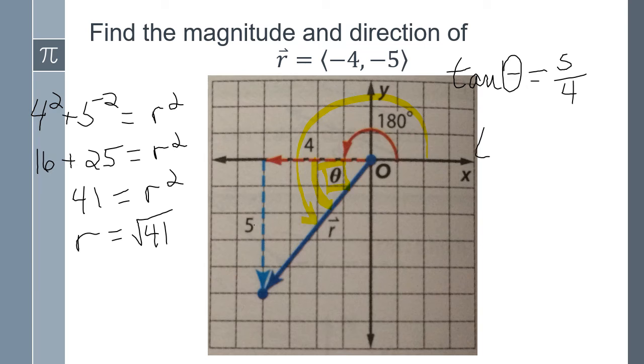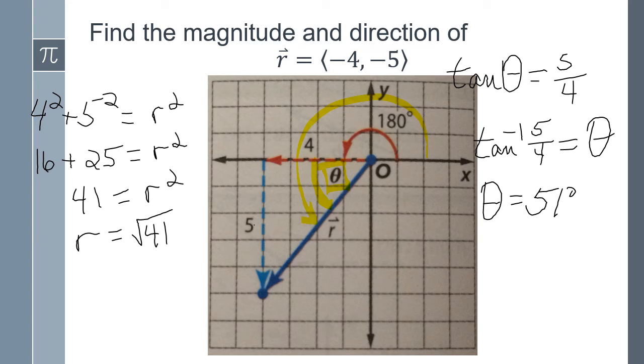Now we're going to use the inverse: tangent inverse of 5/4 equals theta. I plug that into my calculator and find that theta is equal to 51.3402, so about 51 degrees, and that's just theta.